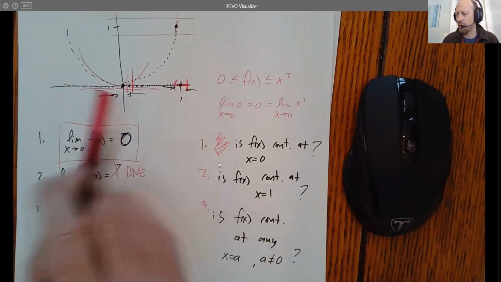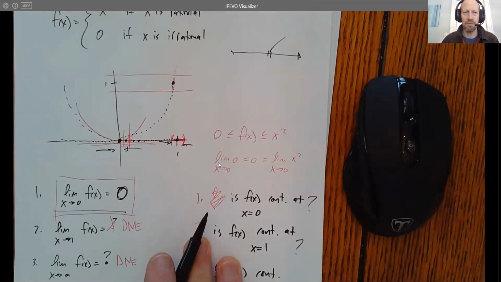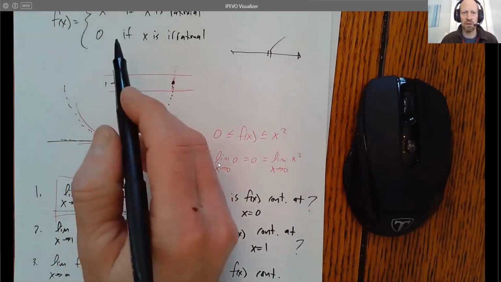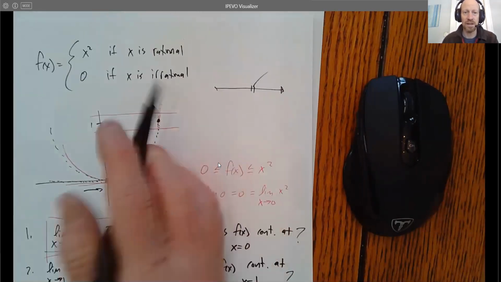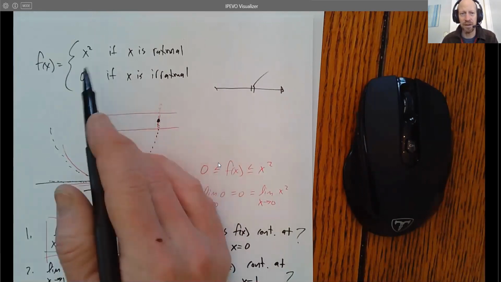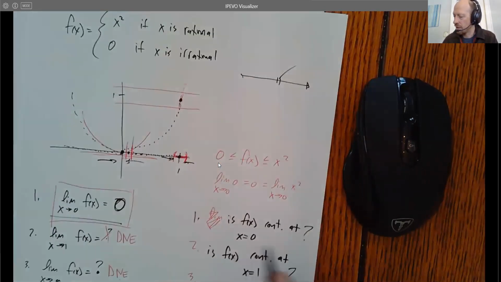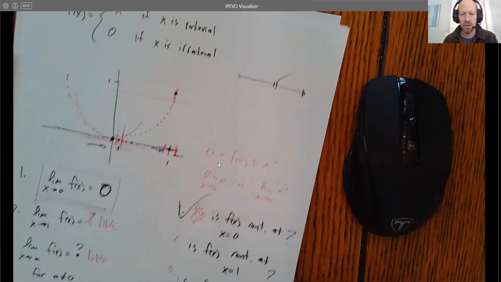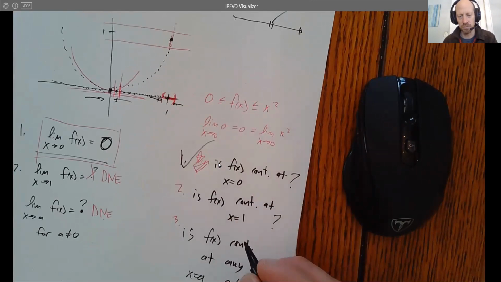The limit of the function is 0, and f of 0 is 0, right? If it's irrational or rational, it's x squared. It doesn't matter. But 0 is rational, so 0 squared is 0. So it is continuous at x equals 0. The function value equals the limit.